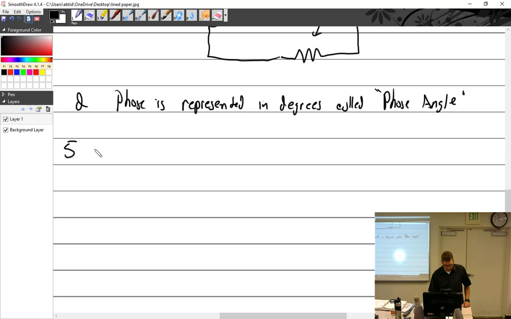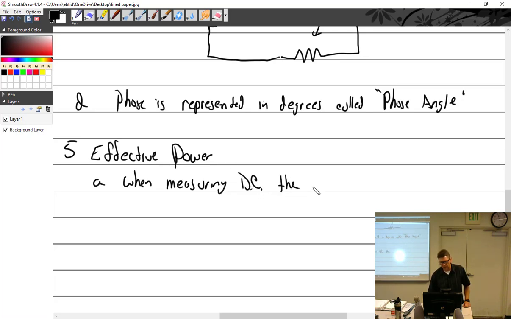All right, effective power. When measuring DC, direct current, the effective power is the same as measured values.